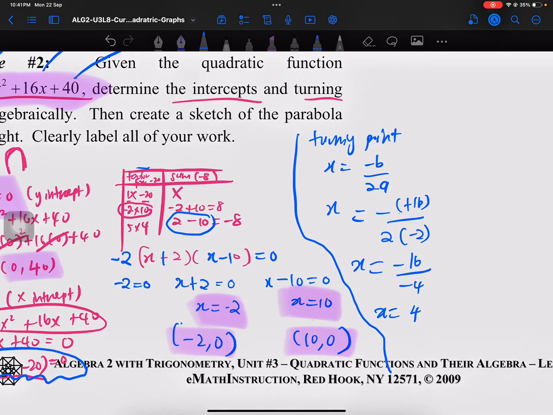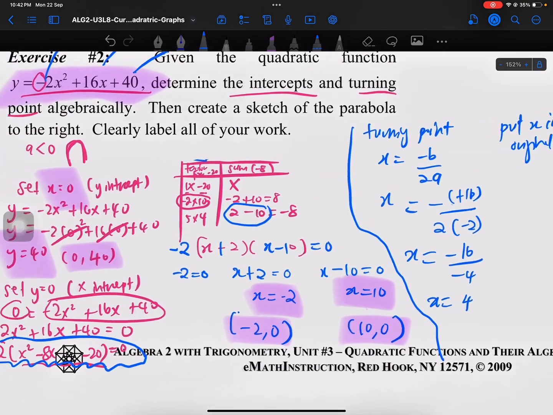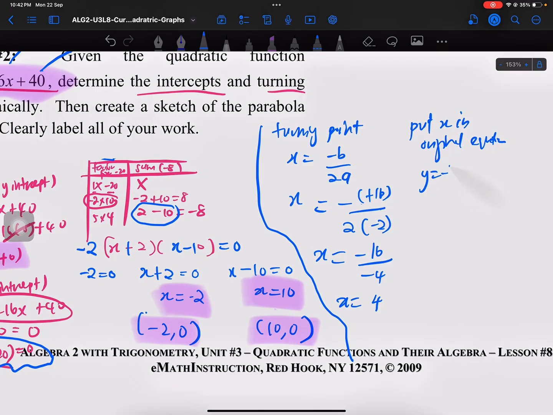You still need the value of y to plot. So x is 4, y is what? Just put x in the original equation. So y is negative 2x squared plus 16x plus 40. So you put x as 4.